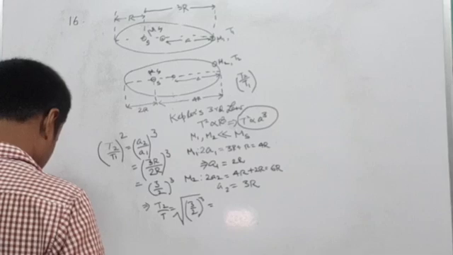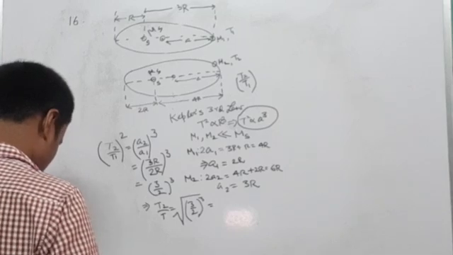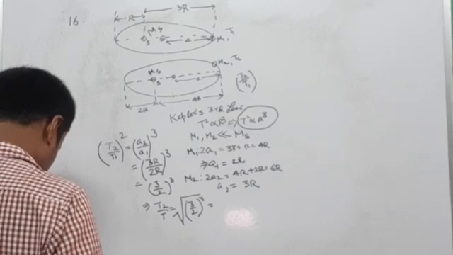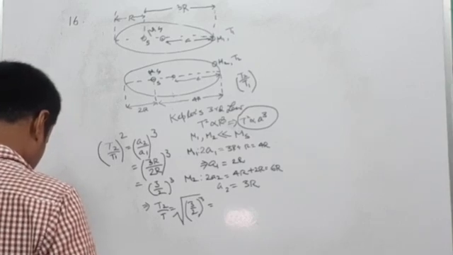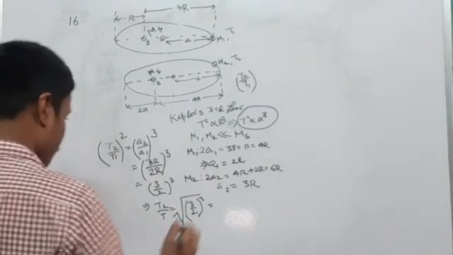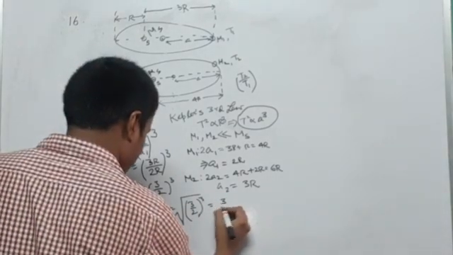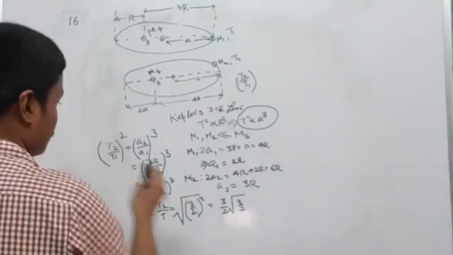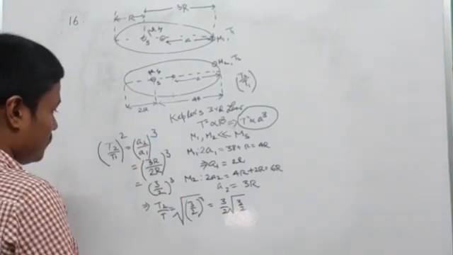And if you look at the options given, one of the options is (3/2) over the square root of (3/2), which is exactly what we have written.